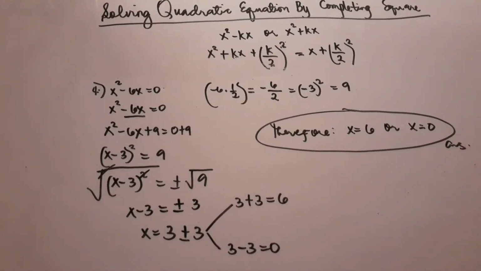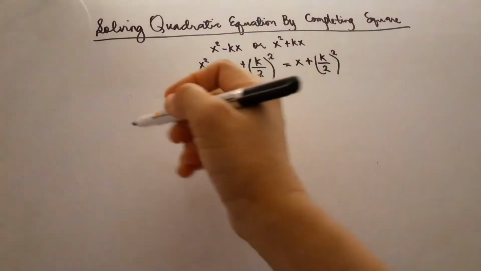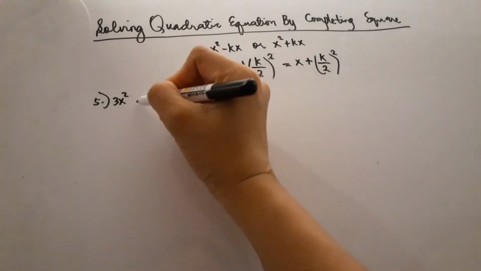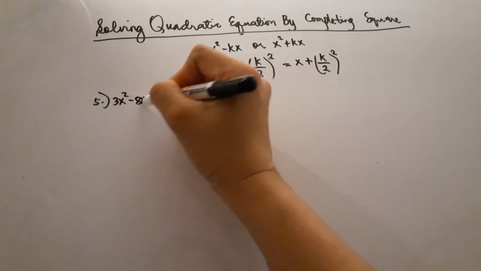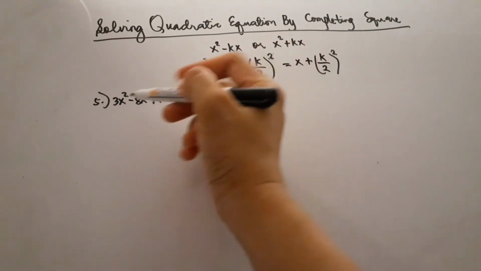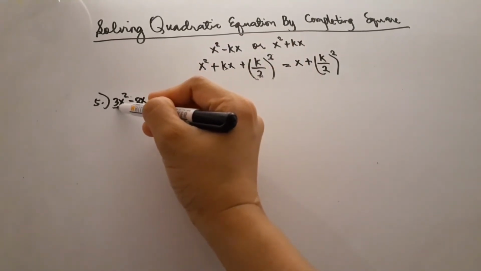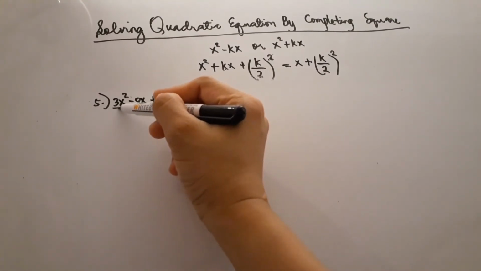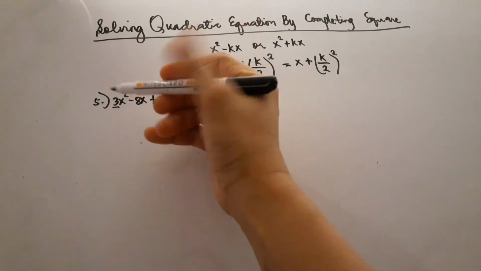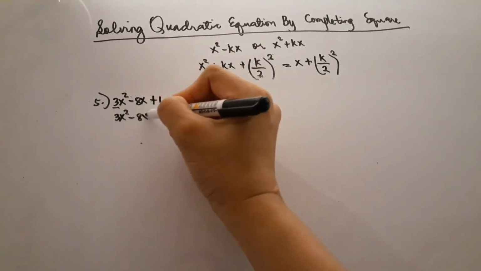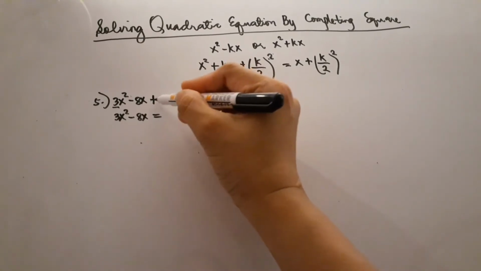And then let's have another example, number 5. We have 3x² - 8x + 1 = 0. We isolate the constant term, which is positive 1. It becomes negative 1. So we have 3x² - 8x = -1.